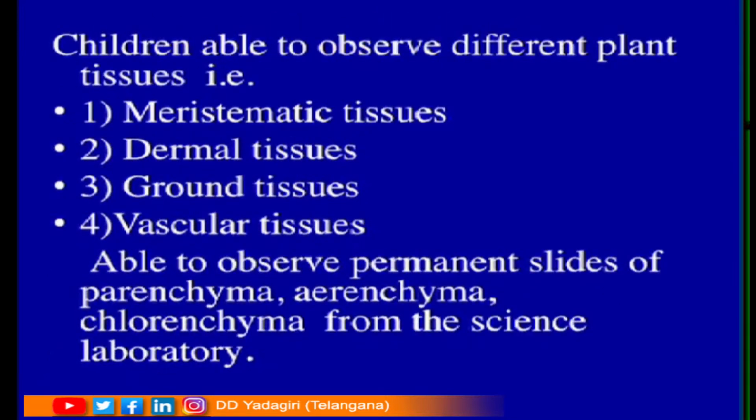Children, you will be able to observe different plant tissues, that is the meristematic tissue, dermal tissue, ground tissue, and vascular tissues. You will also be able to observe permanent slides of parenchyma, collenchyma and chlorenchyma from the science laboratory.